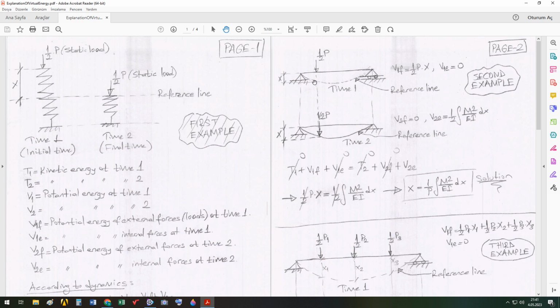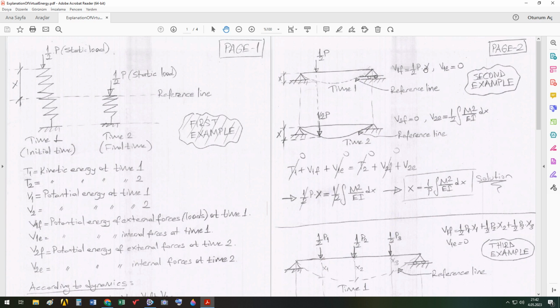It's x. So similar to MGH, potential energy because of external load is its average value, load's average value, because it's statically applied, 1/2 P times the distance from the tip of the load vector, force vector, to the reference line vertically, and it's x.